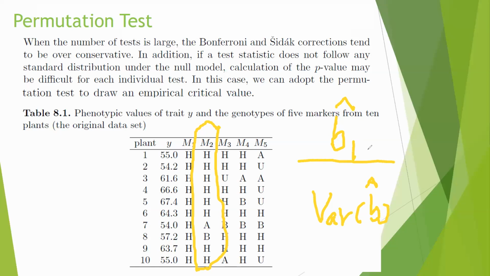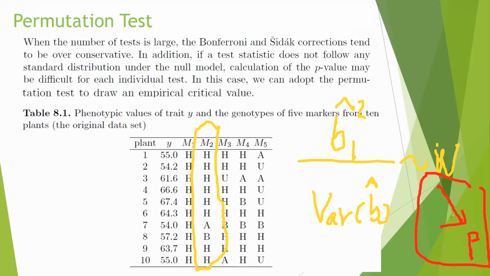Then you can construct this Wald test chi-square. This can help you calculate the p-value for this locus. Does that make sense? This is one way to calculate the p-value.